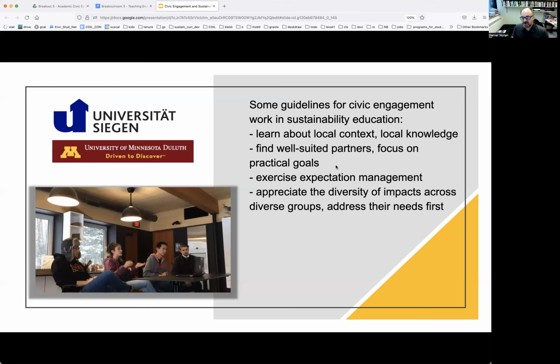So there as well, you want to appreciate the diversity of impacts in sustainable development, in working with community organizations.